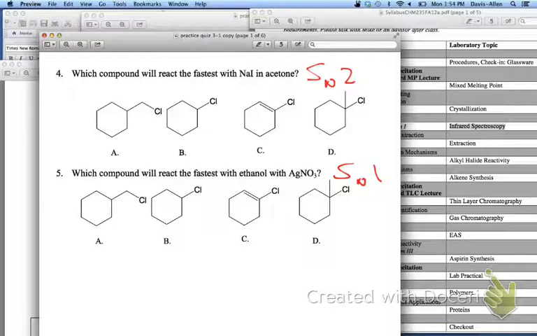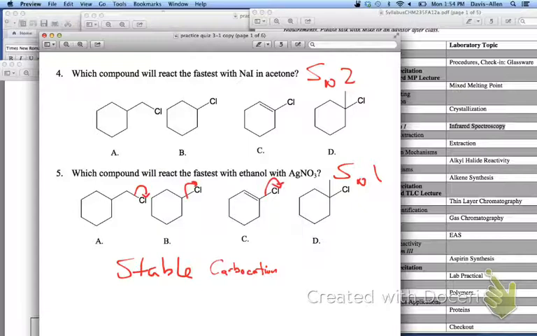What's the most important thing about SN1 chemistry? It's not the most important thing, but that's a repercussion of it. Stable carbocation. Okay. The very first step in all SN1 reactions is that the leaving group takes the electrons.